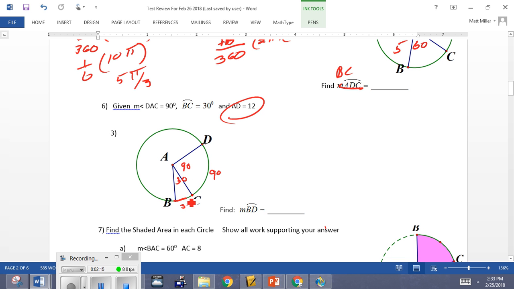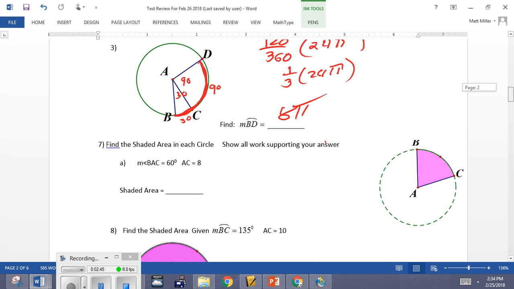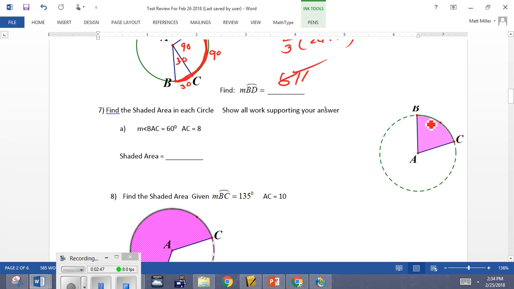BD is the minor arc here, which is the arc swept out by 120 degrees angle, so it's 120 over 360 times 2 pi r, which is 24 pi, because r is 12, so that's 1/3 of 24 pi, which is 8 pi.